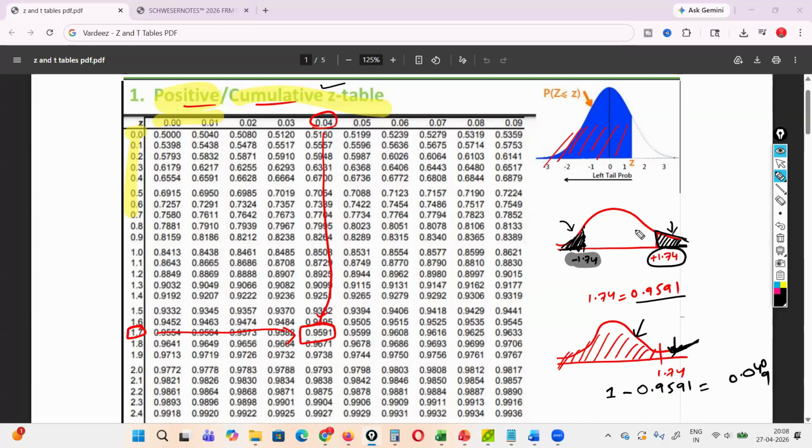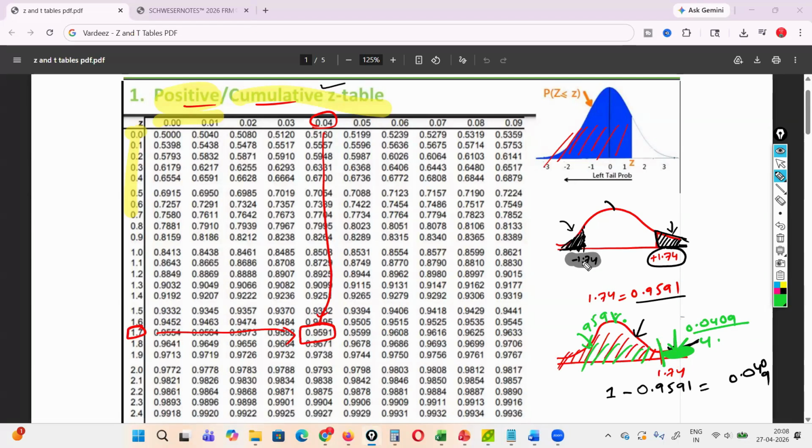That means this entire area is, I'll write it here, 95.91%. And this area to the right, which is what we want to find, is 0.0409, or rather we can say 4.09%. Okay, so that is what we have here.